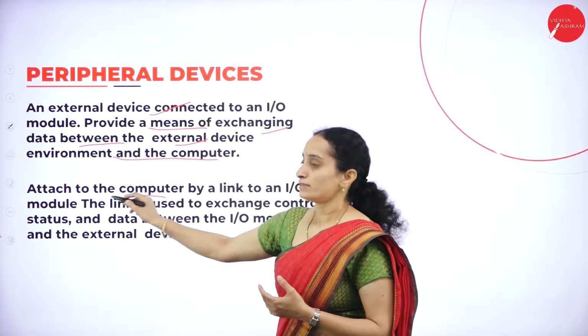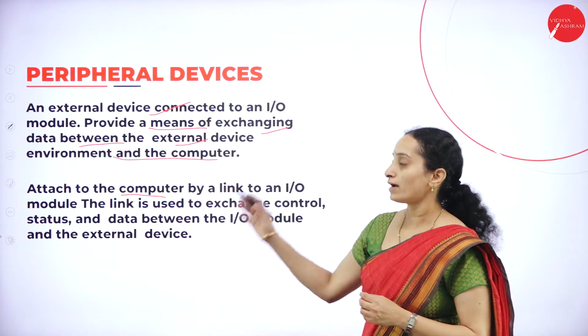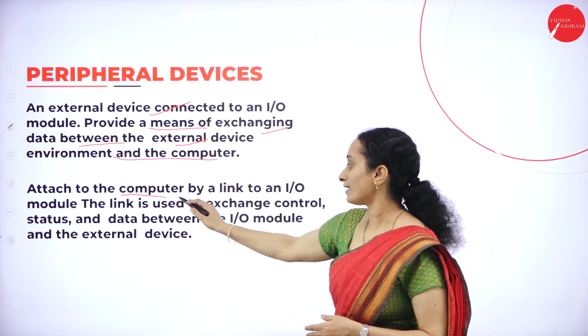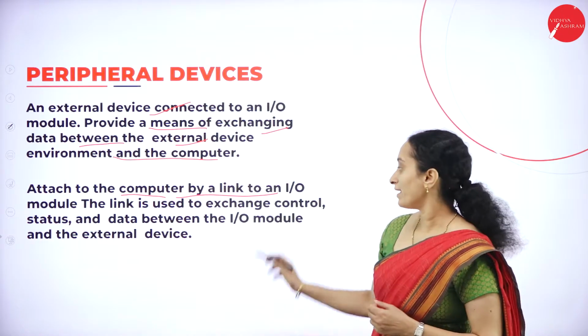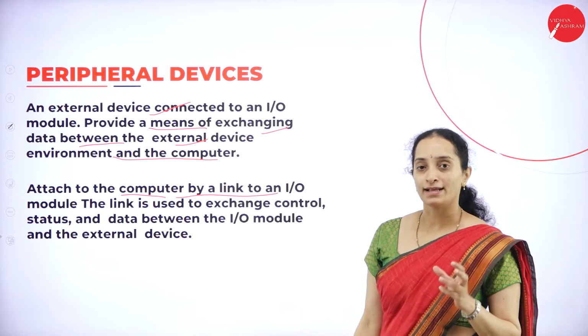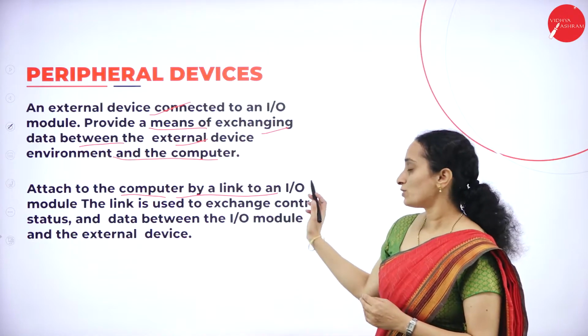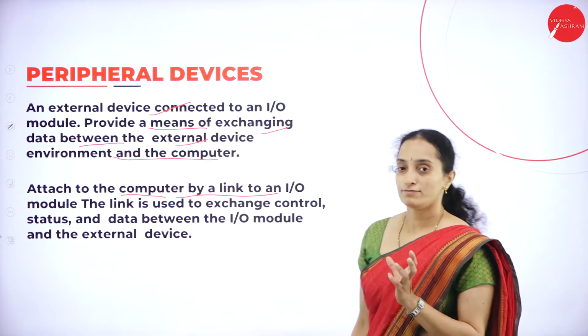Okay. The external module or the peripheral devices are attached to the computer by a link. They are attached to the computer as well as to the I/O module with a link.